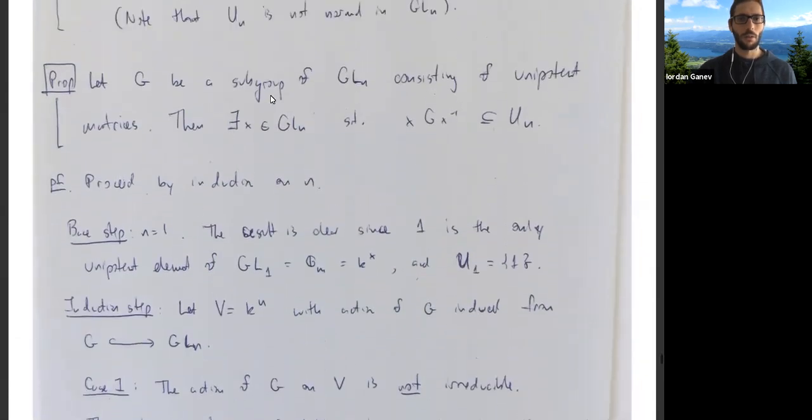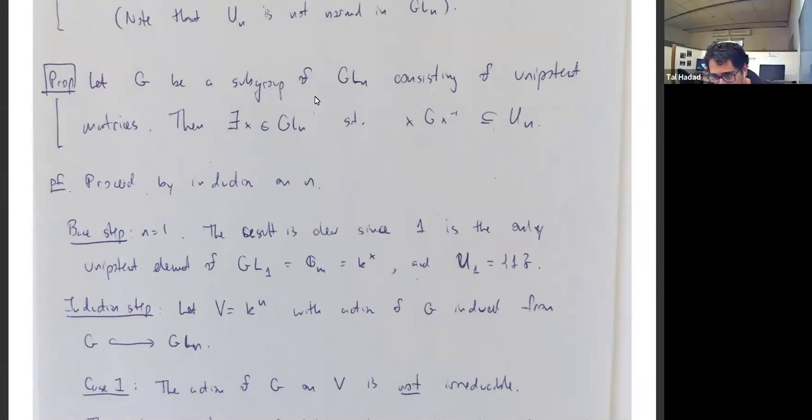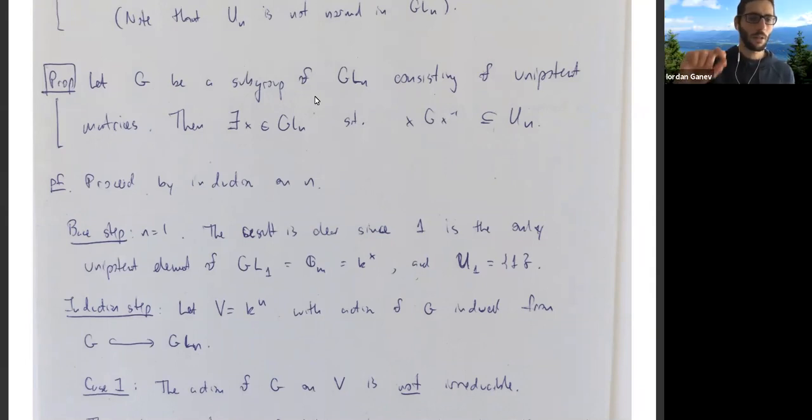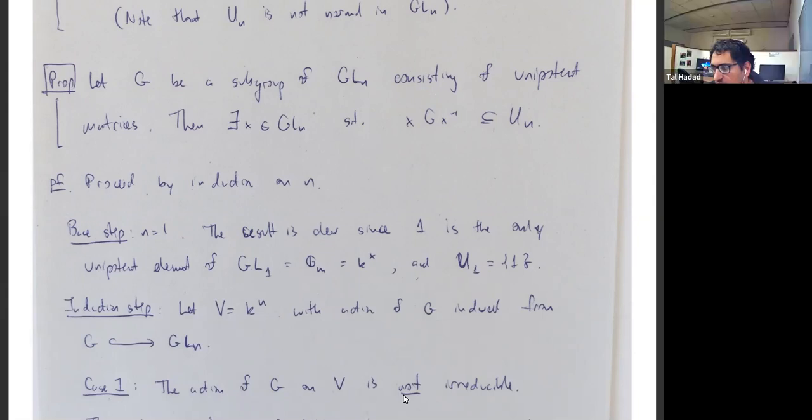If we have a subgroup of unipotent matrices, then we can conjugate it so that it lands inside of U sub n. But you didn't conjugate it. No, in case 1, where the action is not irreducible, I conjugated it. And in the second case, where it does act irreducibly, then we show that it's a trivial group.